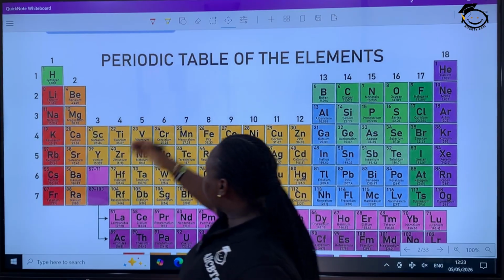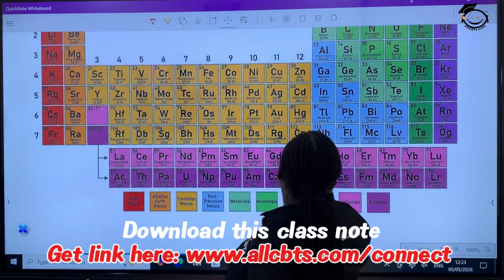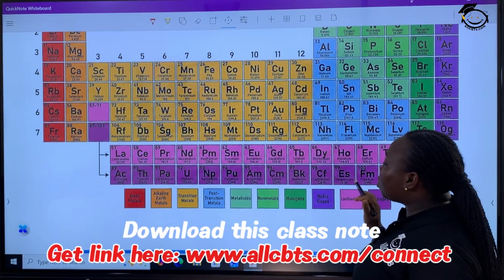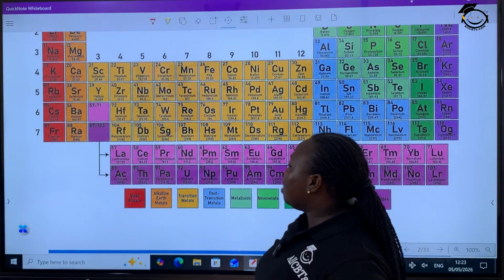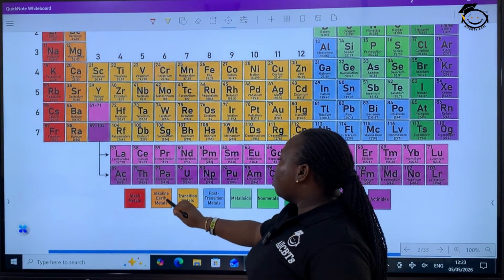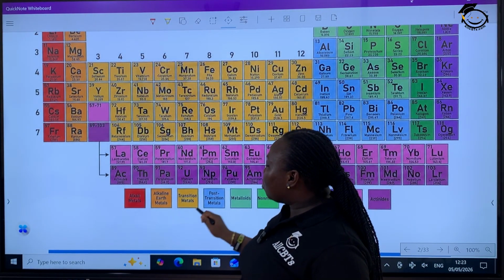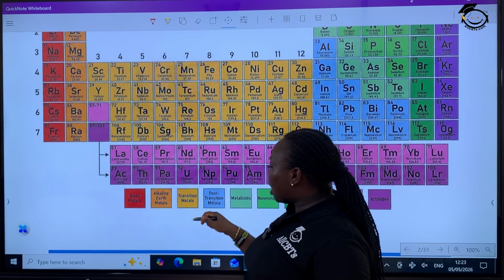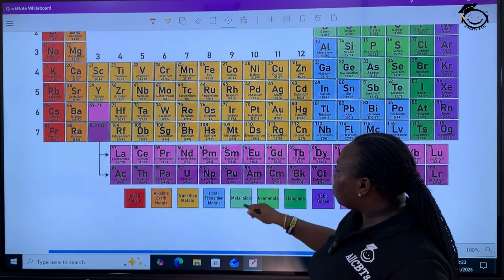Now, notice that when you are looking at your periodic table, you have to have a key. There is always a key in that diagram. In this key, they tell us that red means the alkali metals. Amber is for the alkaline earth metals. Yellow is for the transition metals. Blue is for the post-transition metals.